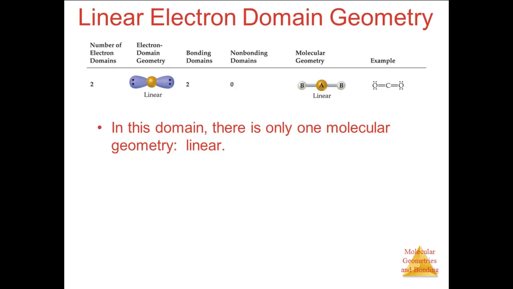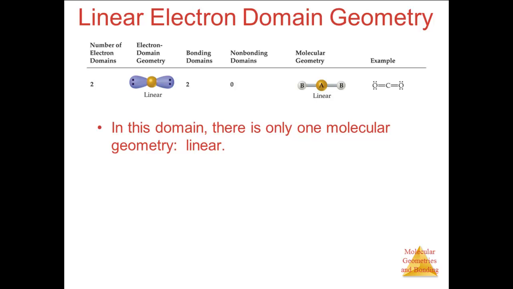Now we will walk our way through the 5 domain geometries to see what the possible molecular geometries are. To distinguish them, we will look at the number of domains and divide them into bonding domains and non-bonding domains. We will give a name to that molecular geometry and an example of the molecule that has that geometry.